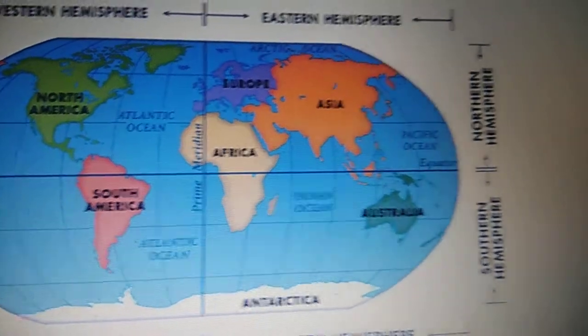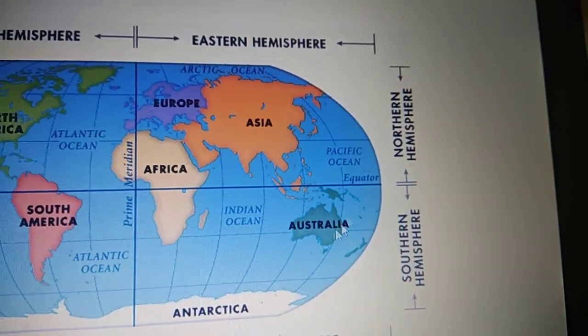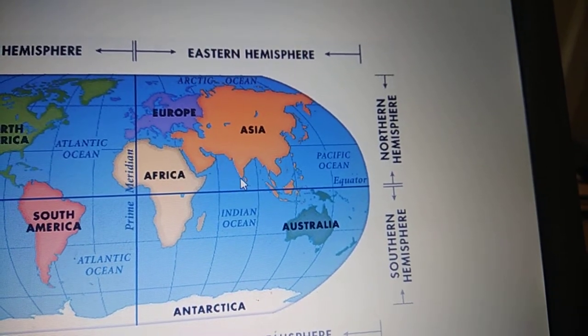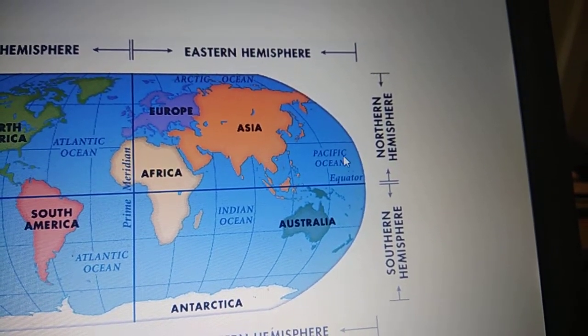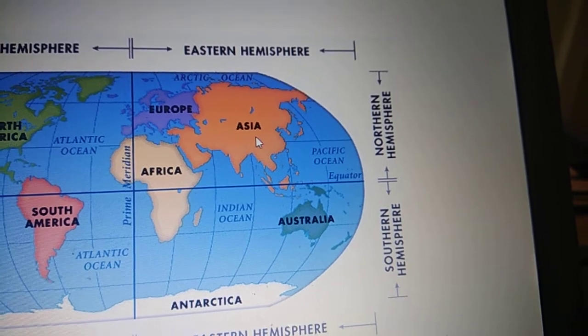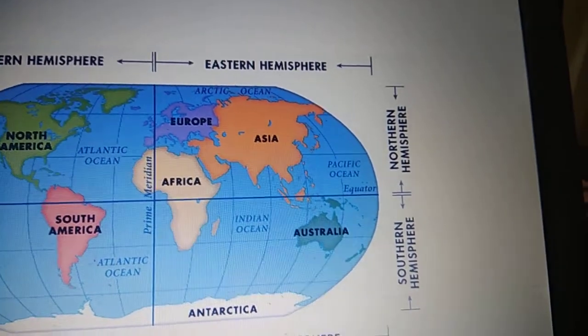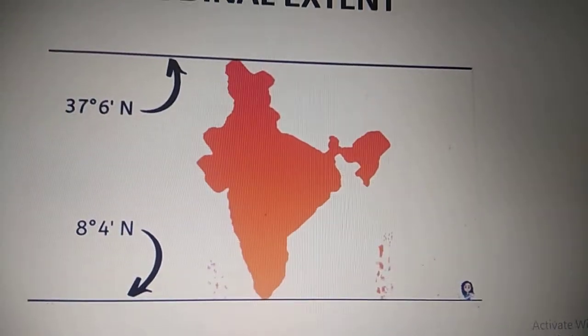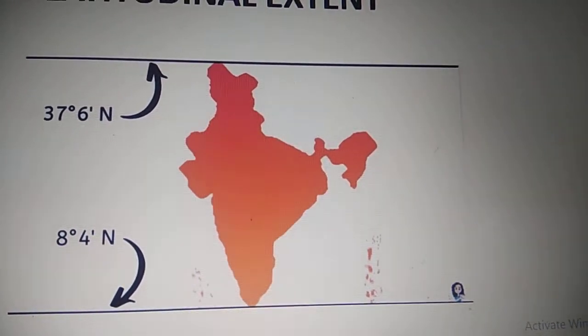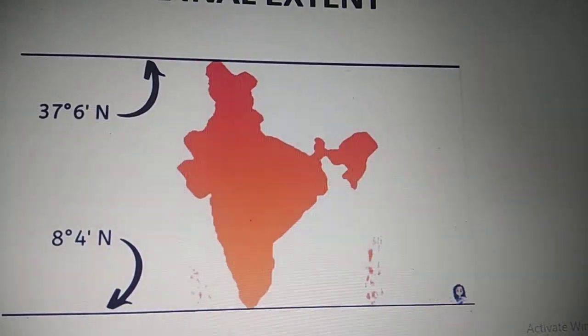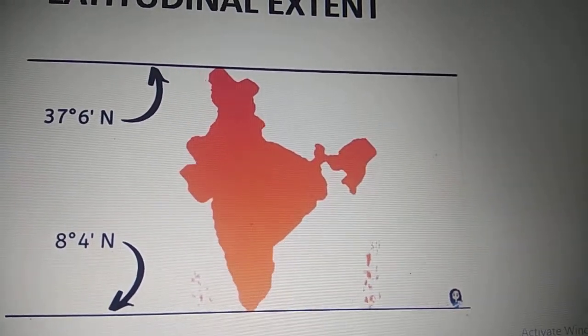Starting is 0 degree, and then we start counting 1, 2, 3, and India is somewhere here. From here till where we end, we count the latitudinal extent. So what is the latitudinal extent? I've told you it is 8 degrees 4 minutes north. Why? Because we are in the northern hemisphere. And 37 degrees 6 minutes north.